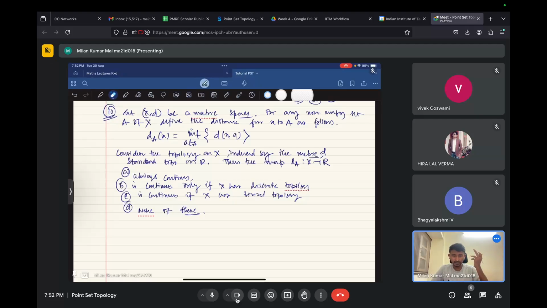Because here it is saying 'only if', that should be written. That is what I was missing. So if I can prove that this function is always continuous, whatever topology we may have, then we don't need to check these two separately, because they are not correct. These two conditions say that only when X has discrete topology is this function continuous, but that is also not correct.